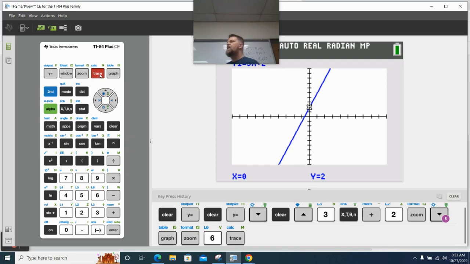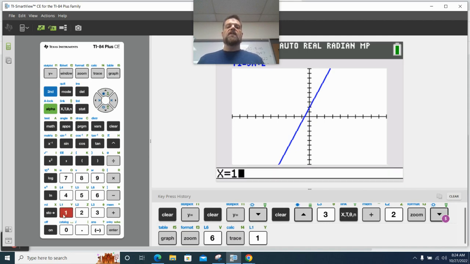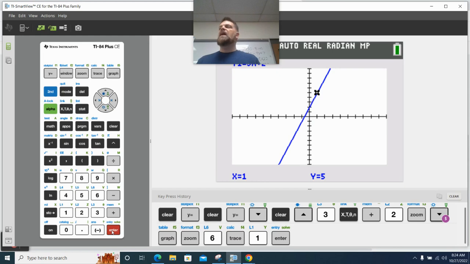Now, if I plug in an X value, it will automatically take me to the corresponding Y value. In other words, notice that when X equals 0, Y equals 2. Let's plug in 1. Just hit the button 1 and it'll say X equals 1. Do you have this on your screen? Hit enter.